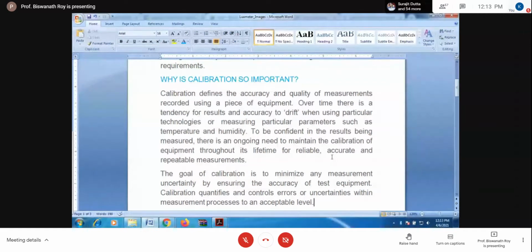Say, for example, one measuring instrument gives us up to 3 decimal places value, another instrument gives us up to 5 decimal places value, and another instrument can give us up to first decimal place value. So what is the difference? The difference is in terms of the measurement accuracy, right?